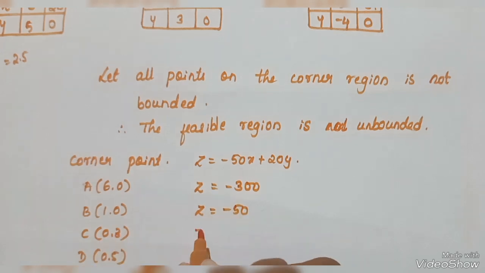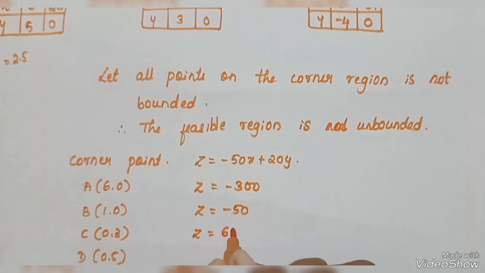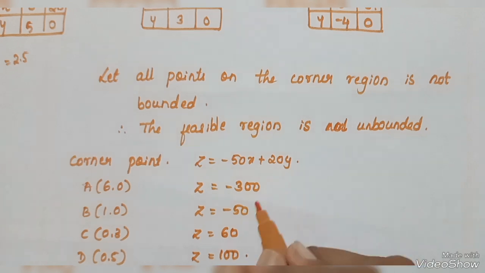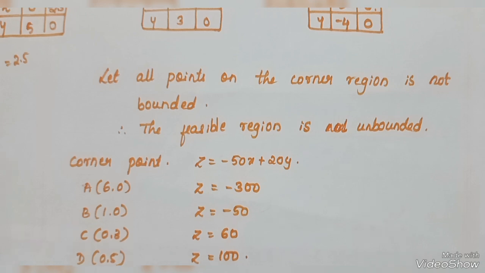Then x equals 0, y equals 3, that is 60. Put x equals 0, y equals 5, that is 100. Here there are two minimum points, so we can't say which is the maximum. We can't say the maximum or minimum.